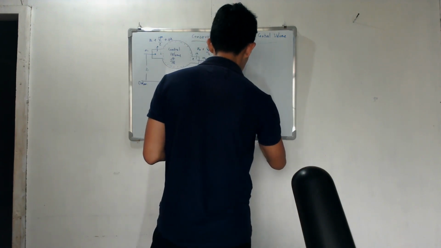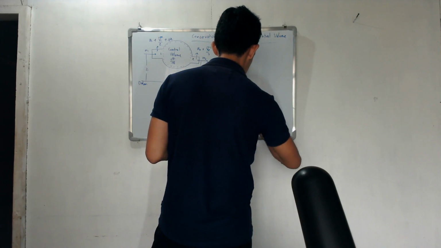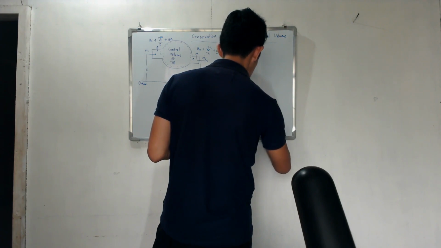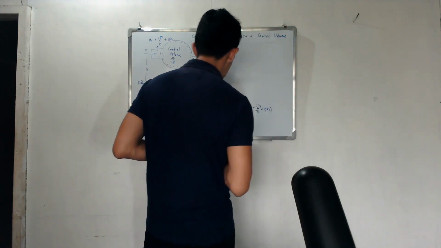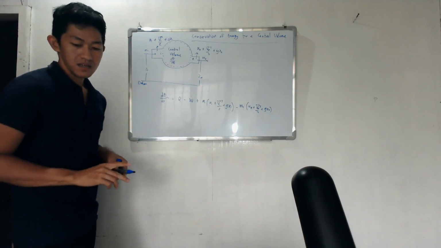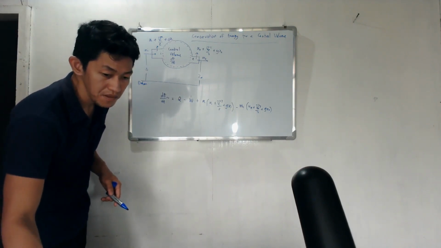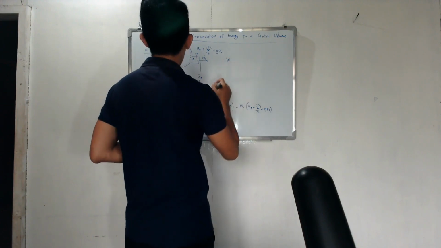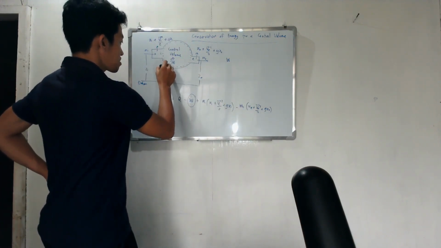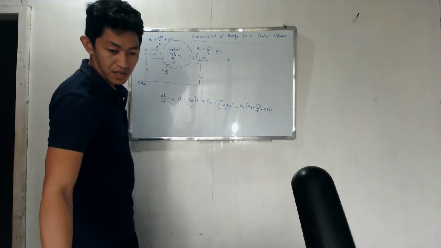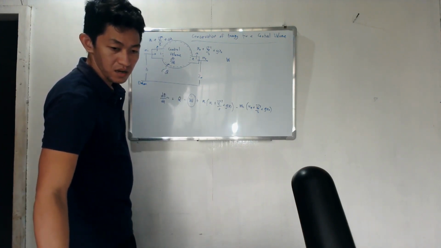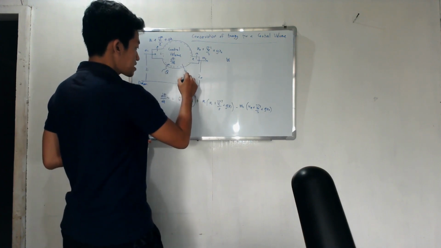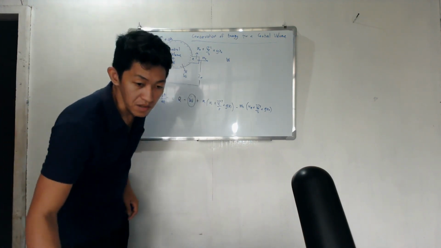Okay, U plus gZ. Okay, but kani nga term, work nga term is composed of, okay, so naay Q nga mosulod, naay work nga nabuhat sa system, no? Work done by the system. Work done by the system.